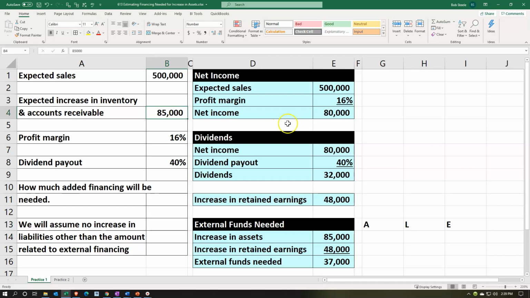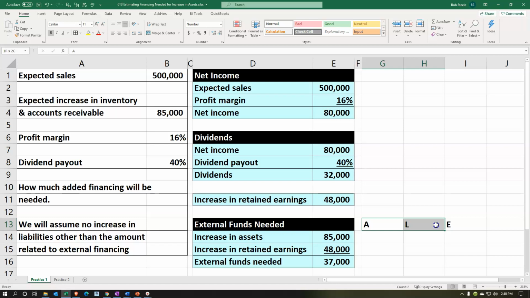Well, we have the equity, but the equity was 80,000, and then we're going to be paying out 40% in dividends. So that means that the equity portion that's going to be financing that increase of 85,000 in assets is only the 48,000. And that means the liabilities has to be the difference, right? If the assets are going to go up by the 85,000 and we only finance 48,000 of it with equity, then the liabilities are going to be needed in order to take up the difference.